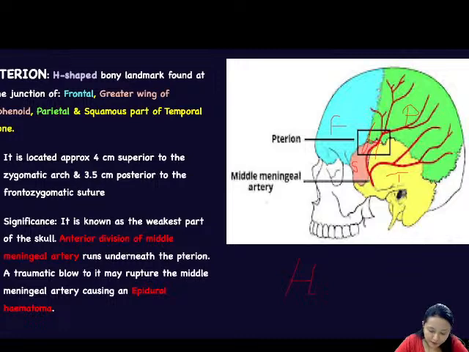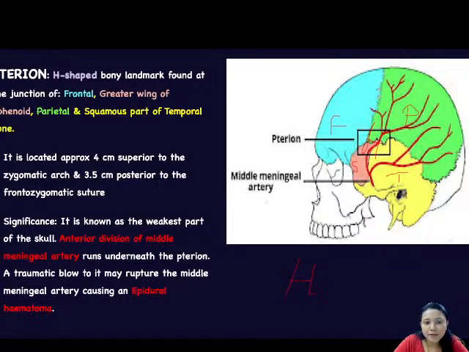So it is formed at the junction of these bones.